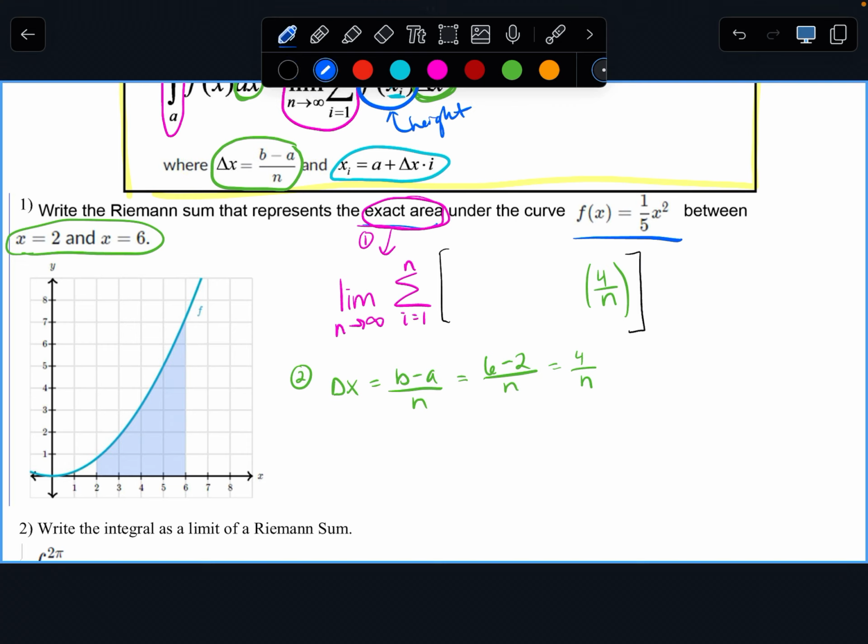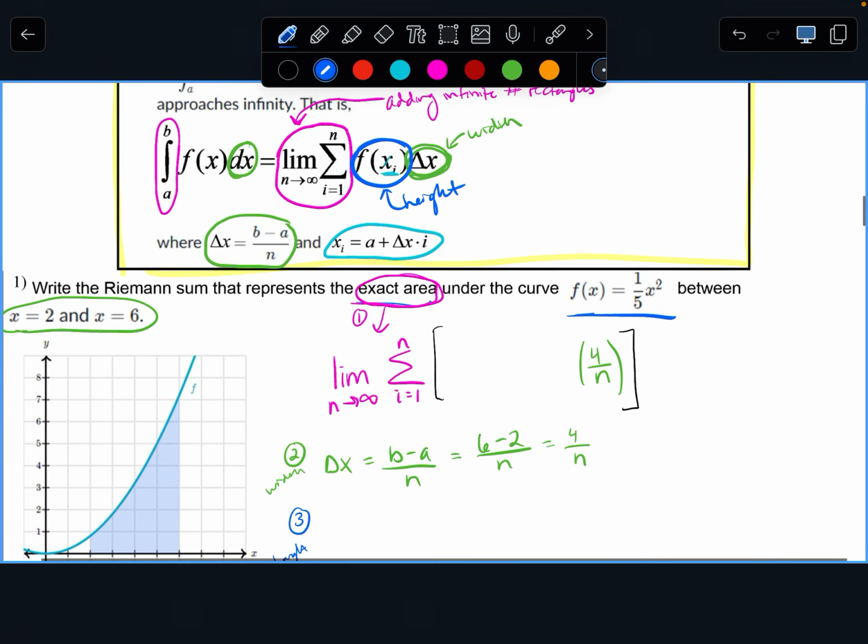So I can go ahead and put that in my little sigma guy if I want. Okay, so then now I'm going to find my height. So I did my width. Now I'm going to do my height, and that's that f of x thing. So the way I set that up, this is my equation, my f of x. I'm going to go 1/5, put a parenthesis, and square it.